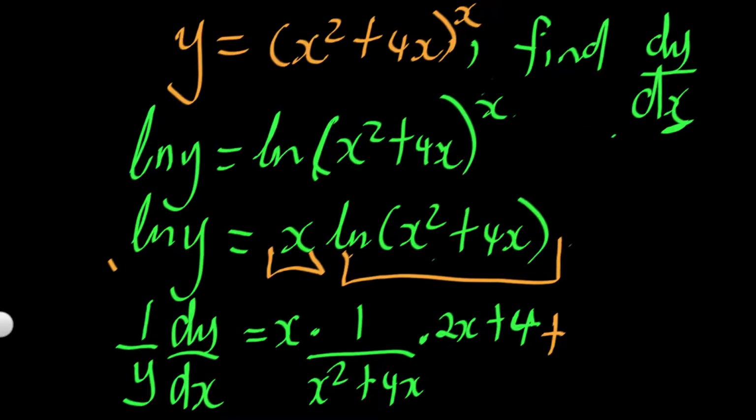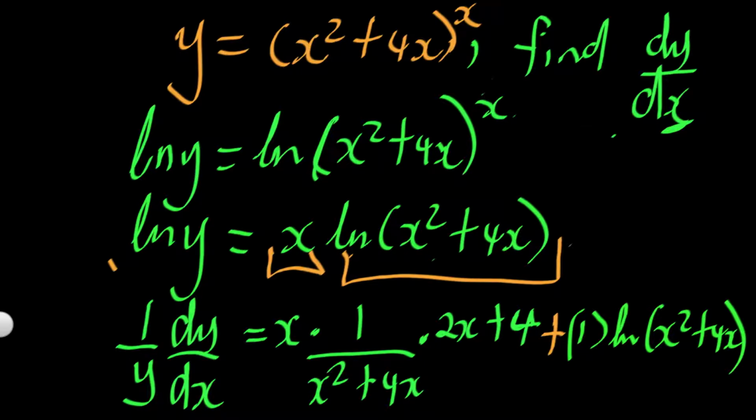So I have to add. This time I'm going to differentiate x and I keep the other one. If you differentiate x, we get 1. So 1 here times the ln of x squared plus 4x. Done. I have done all my differentiation.